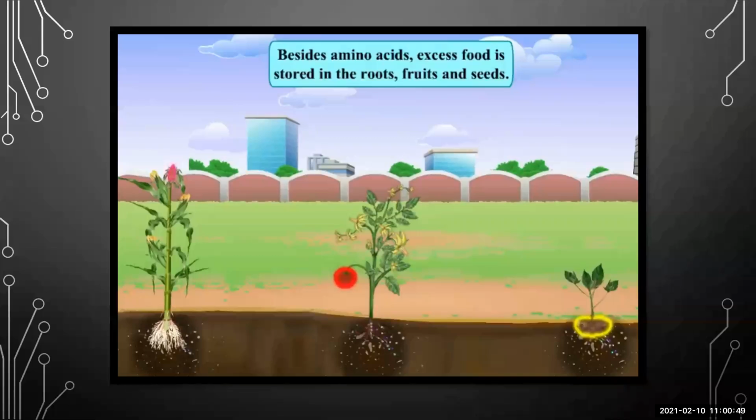Amino acids are not stored, only the excess food is stored in roots, fruits and seeds. And this process is known as what? Translocation. This process is known as translocation.